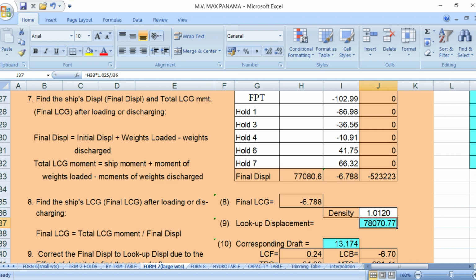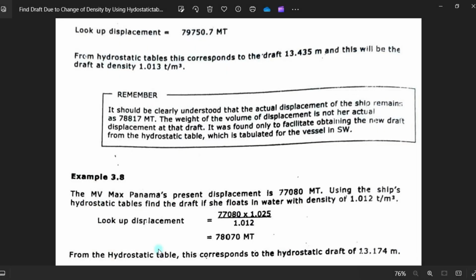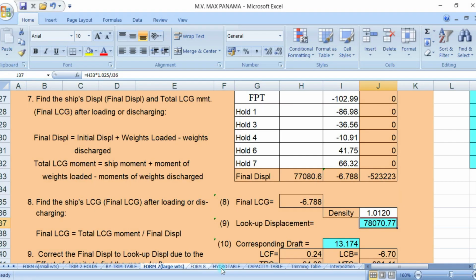So let's check. The draft is 13.174, and his new or lookup displacement is 78070.